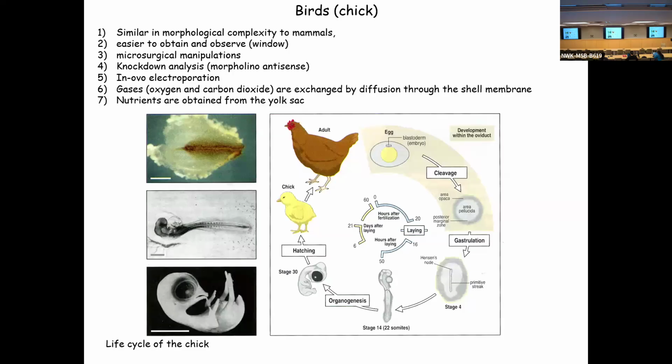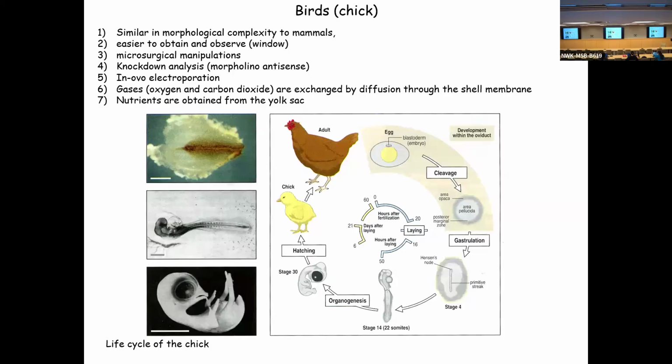The other feature that is very attractive to me is in ovo electroporation. So I mentioned we inject the DNA into the somites, for example, right? How do we guarantee that the DNA will go into the cells and will incorporate into the genome?